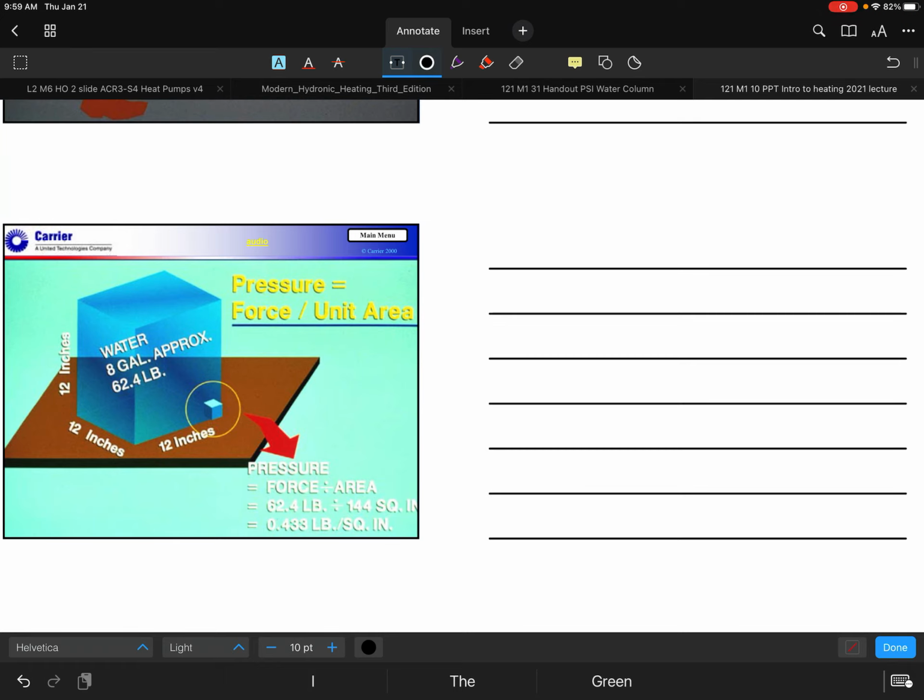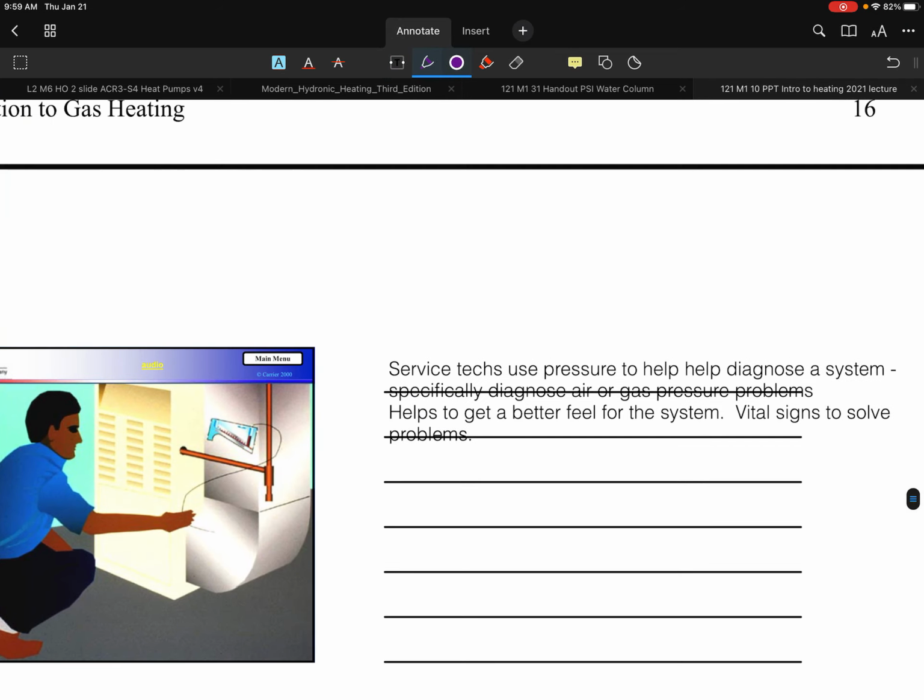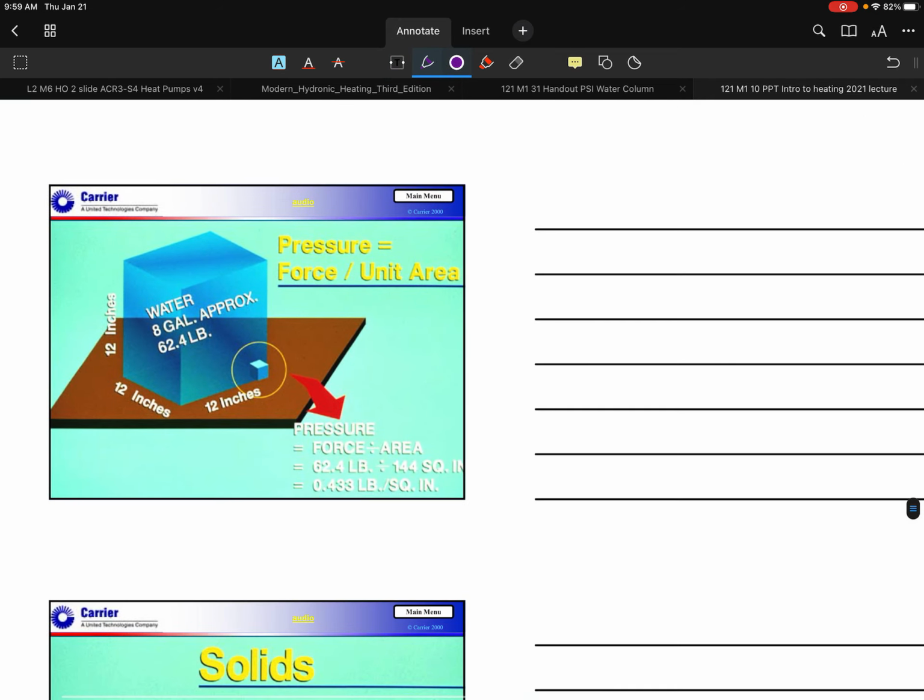As an entry point, the verbiage identified here says that pressure is equal to force per unit area. So pressure is force per unit area. Let's talk about what exactly they are referring to as force.